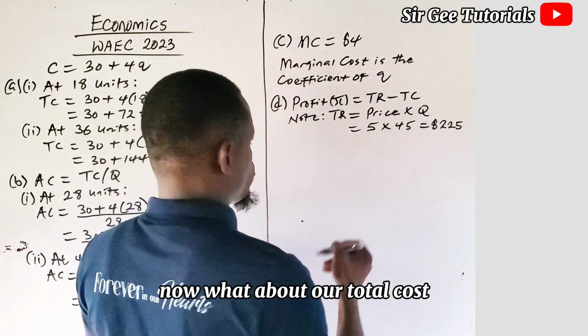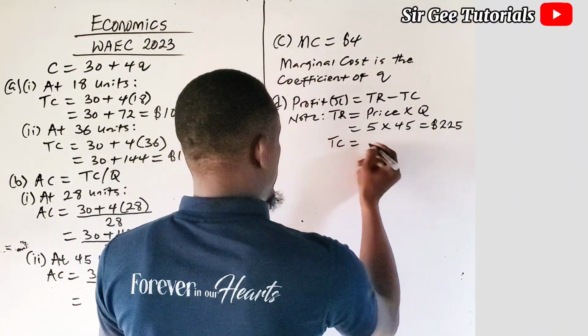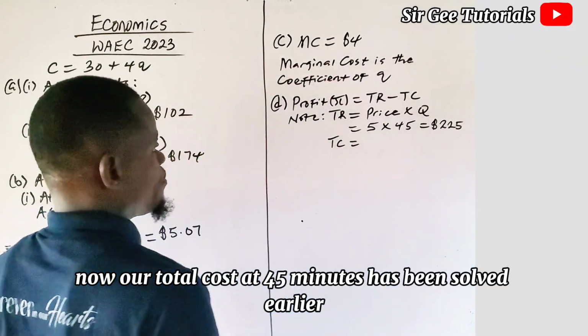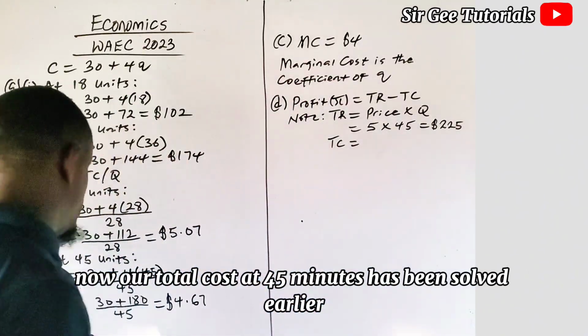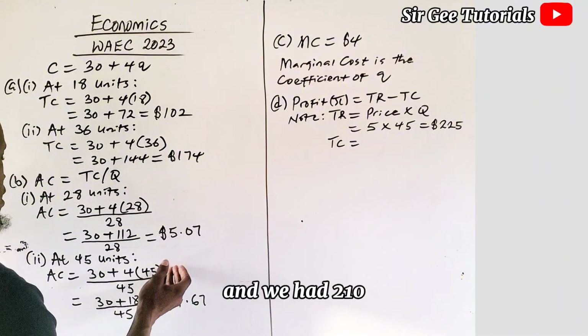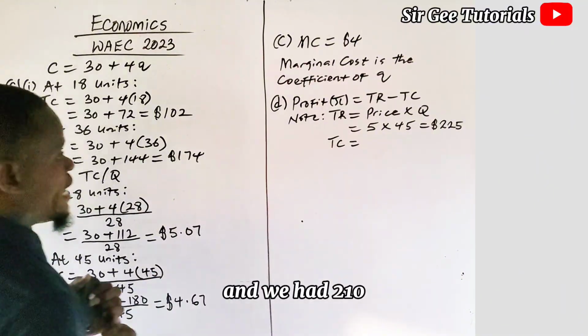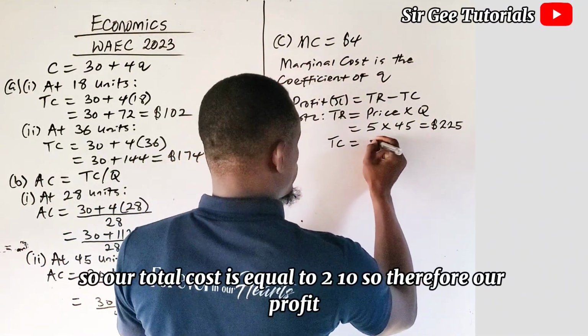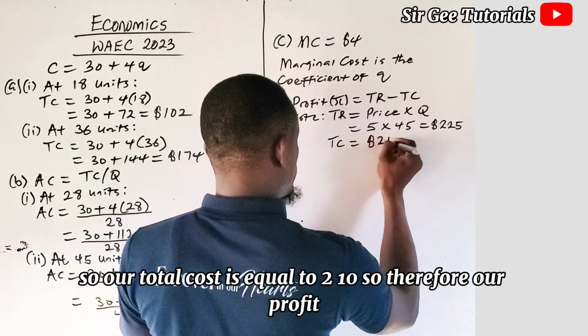Now what about our total cost? Our total cost at 45 units has been solved earlier, and we had 210. So our total cost is equal to 210.